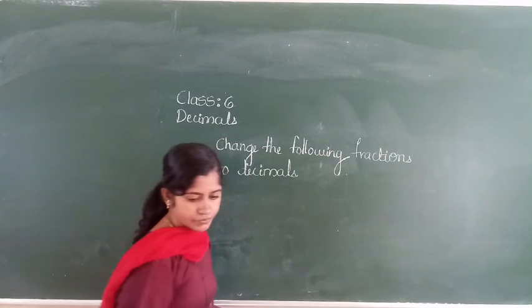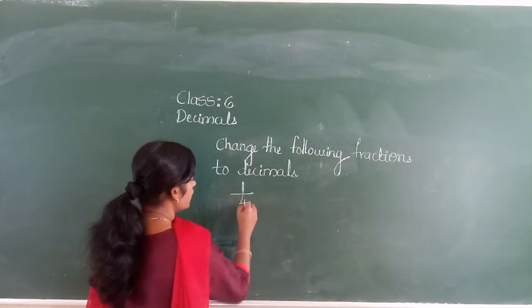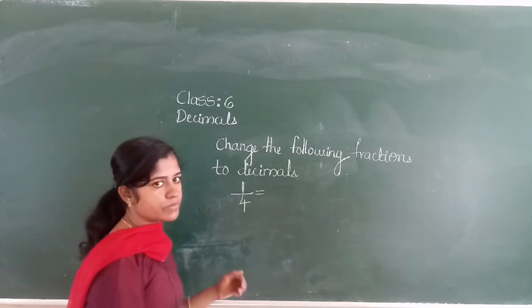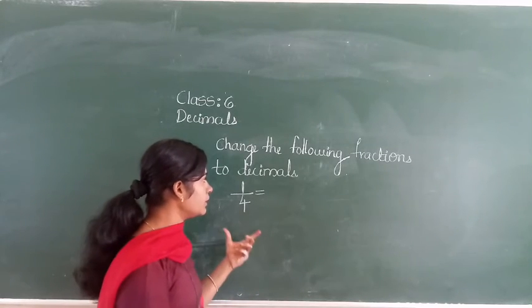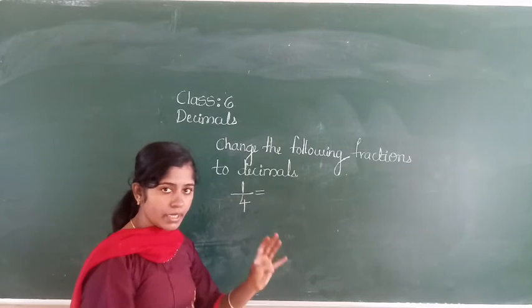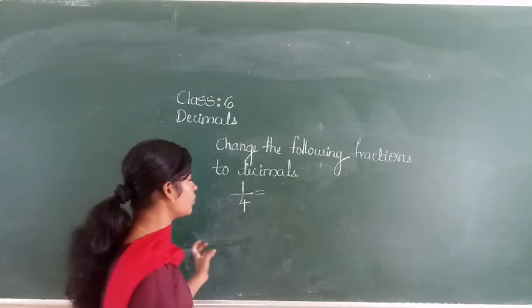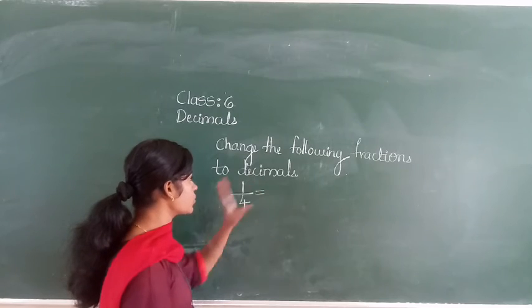See here, I will take 1 by 4. 1 by 4. Then how to convert this? The denominator should be 10, 100, 1000 or 10,000. Then only we are going to convert that fraction to a decimal.